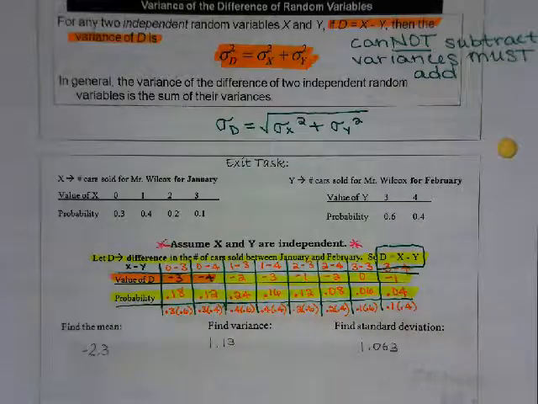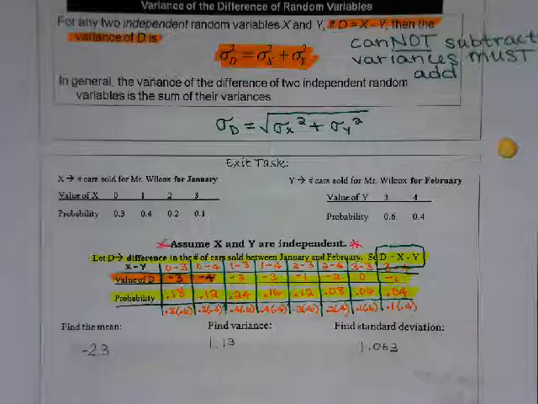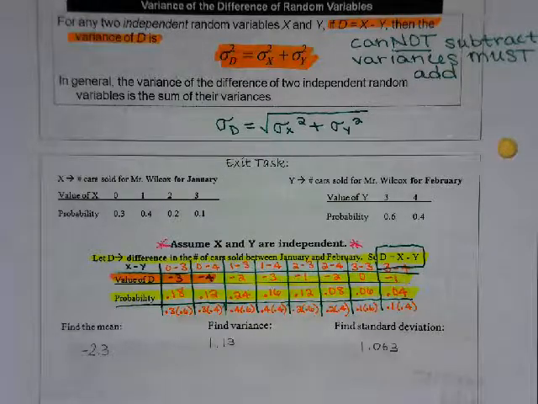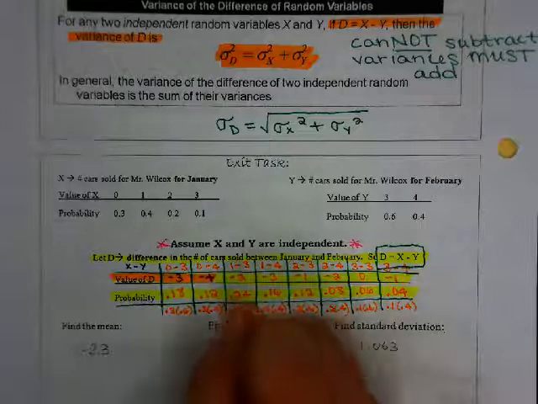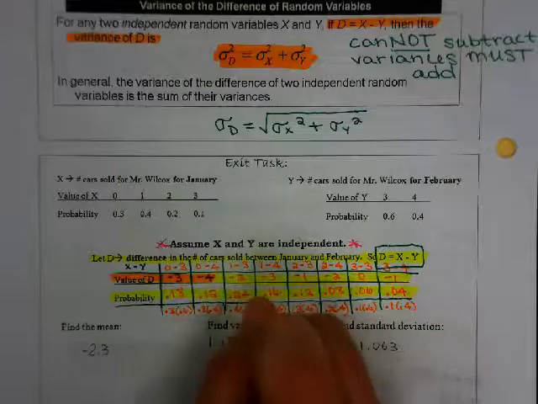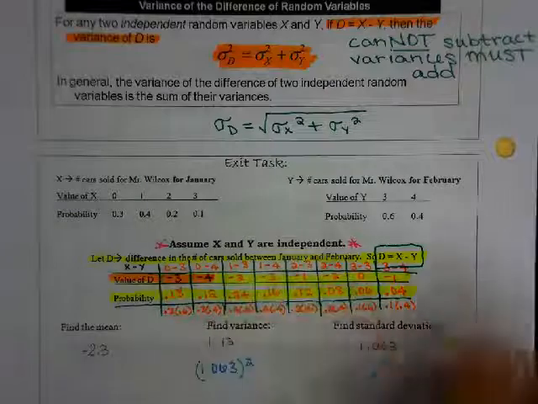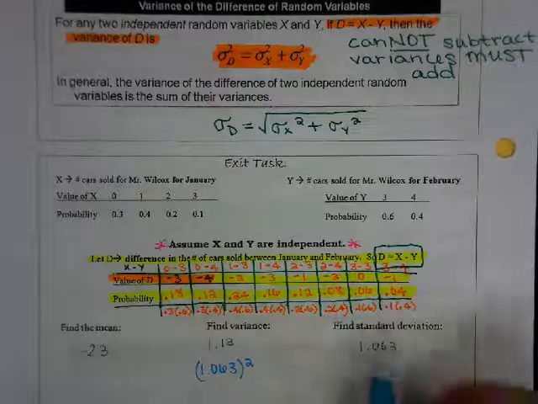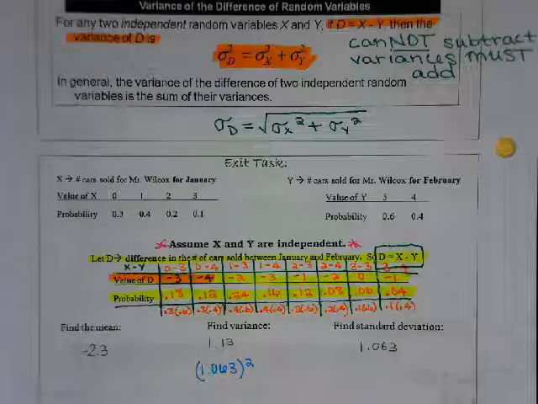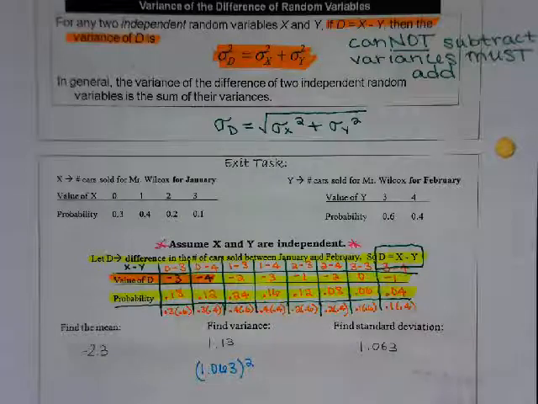Now, some of you did round this to like 1.06, and you get 1.12 for the variance, which is fine. Do not round to 1.1. Any questions? No? All right. Thank you, Shelley, for sharing those, by the way.